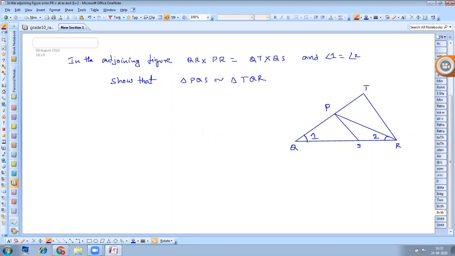Guys, anyone got the answer? Hamsini? No, sir. See here, what are the triangles you are going to prove here? I'm just underlining with red color. This is one triangle, correct? This is another triangle.